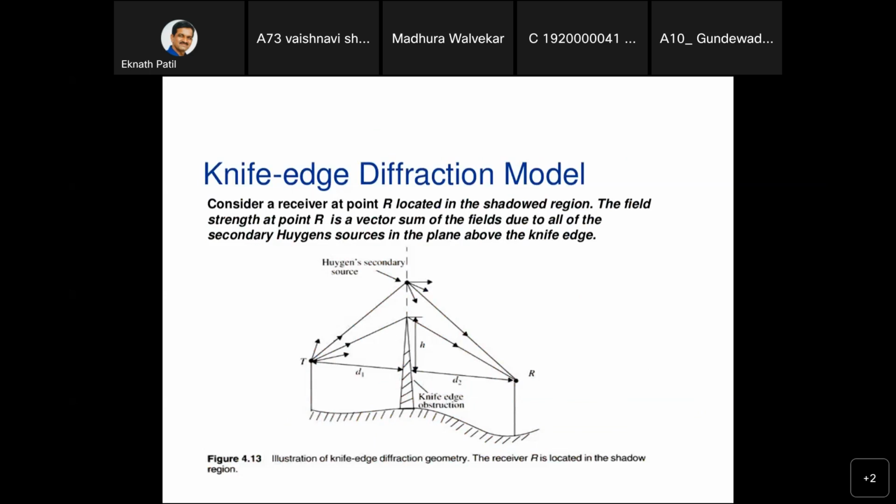Secondary source means they are going to be incident on a particular object, and from that the diffraction is taking place. From that diffraction, signals are received at the receiver side. So they have given the illustration of the knife edge diffraction geometry, with the receiver located in the shadow region.